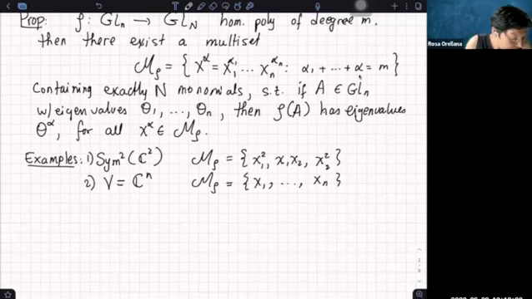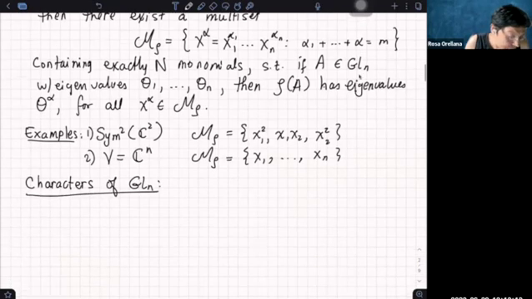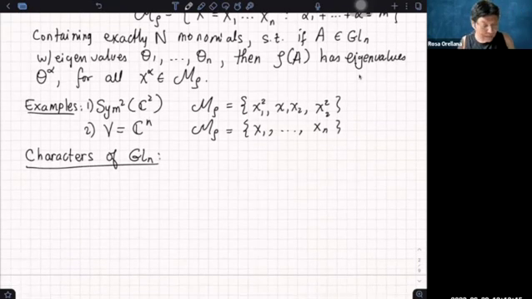So why are we doing this? Because we want to define the characters of GLn. Remember, the title is characters as symmetric functions.